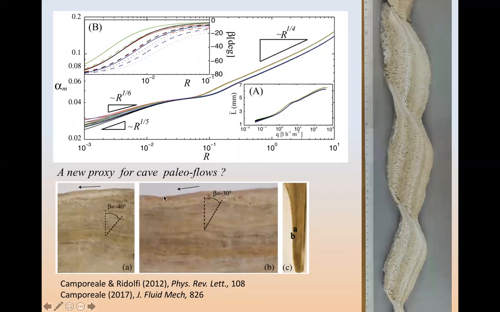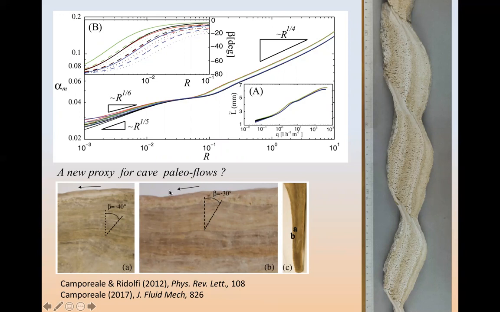Alpha m is the wave number, so the reciprocal of the wavelength, that is selected from the instability, versus the Reynolds number, or this angle beta. Beta is this one, you see, is related to the celerity of propagation.